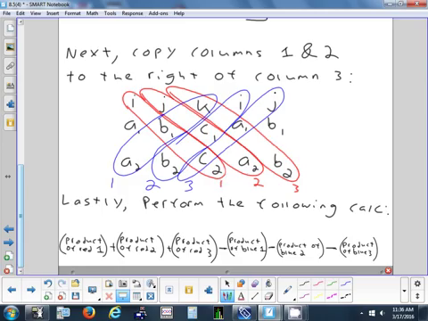I'm just going to call them red 1, red 2, red 3, blue 1, blue 2, blue 3. We have to take the product of red 1, the product of red 2, the product of red 3, and add them all up. And then we have to subtract the product of blue 1, subtract the product of blue 2, subtract the product of blue 3. So it's not too hard. We just have to remember what's what.